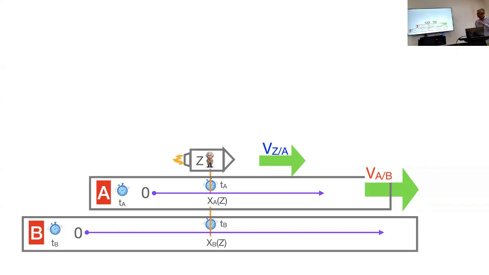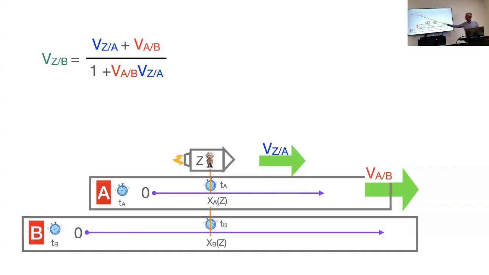Point number 2, we talked about addition of velocities before, and I just want to show you this formula. We used it a little while ago, but just to remind you, the velocity of z in B is the velocity of z in A plus the velocity of A in B divided by this denominator.